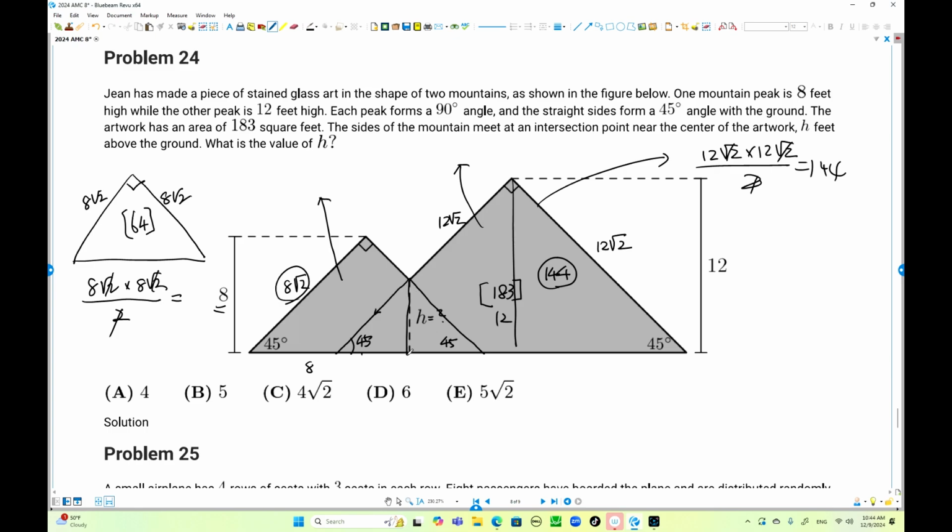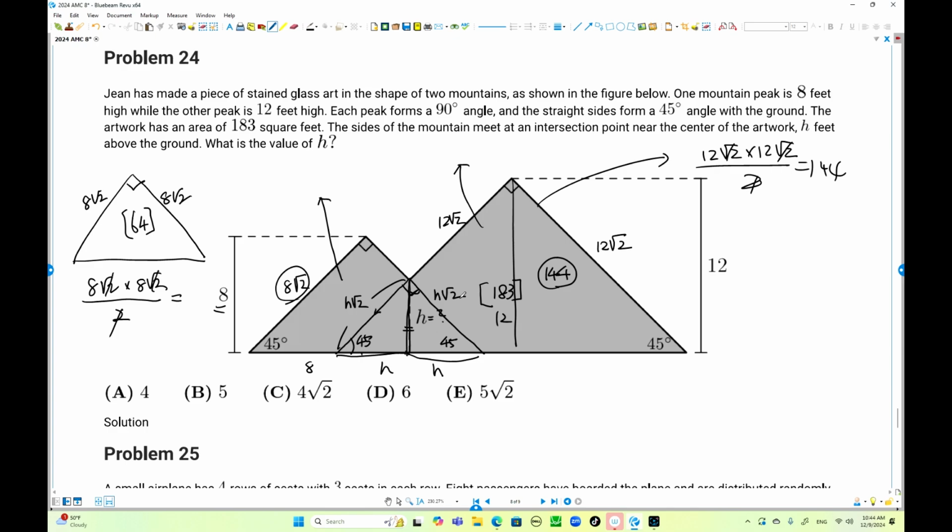What is this area? This is H. This is H. This is also H. This is also H. This is a 45, 45, right? Or you can use, okay, this is also a right triangle. After you find this one is H, this is what? H square root 2, isn't it?